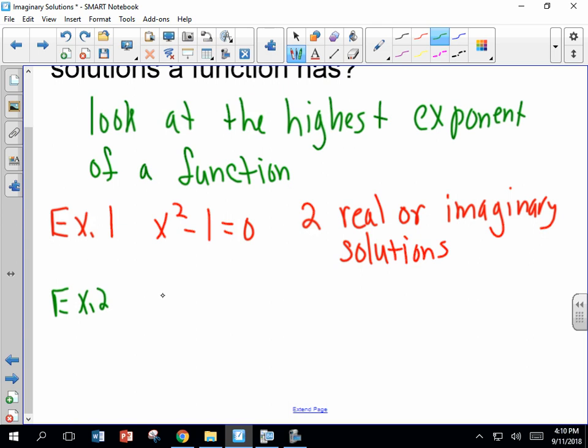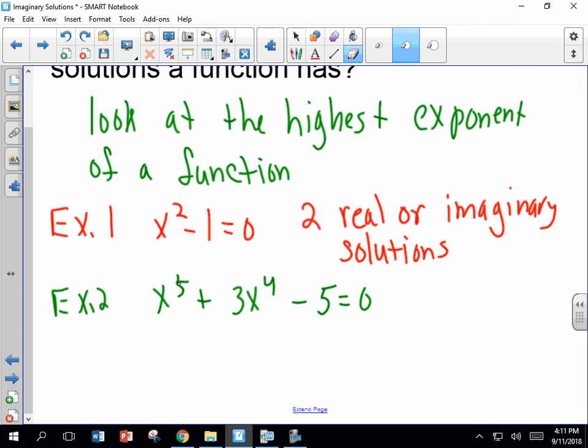Example 2, if I have x to the 5th plus 3x to the 4th minus 5 equals 0, I'm looking at the highest exponent. The highest exponent is 5, so that tells me I'm going to have 5 real or imaginary solutions.